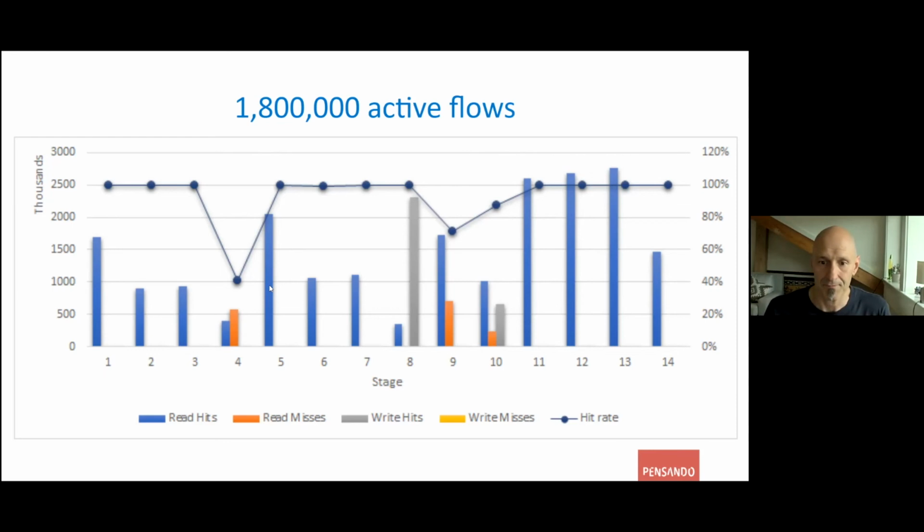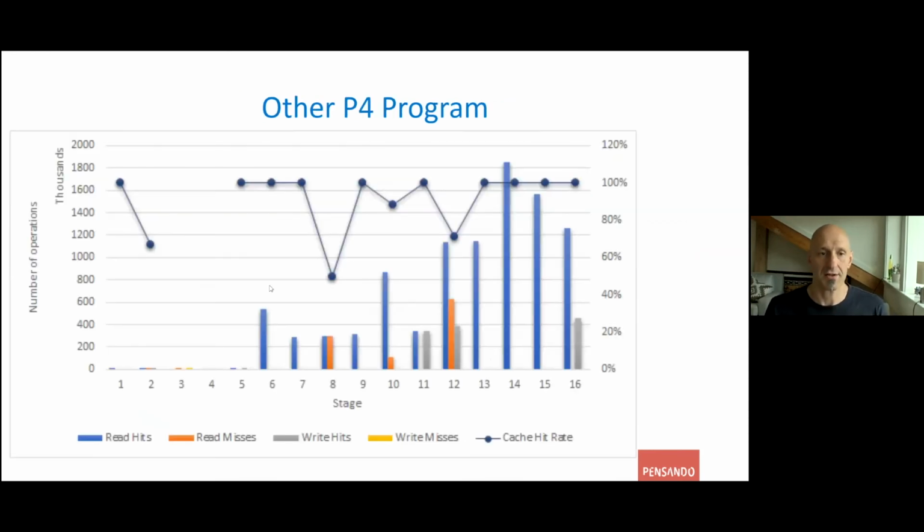And just to give you another example, this is with a different pipeline. And again, we see a similar situation where most of the stages read always from cache, and some of the stages experience some level of cache misses. In this case, no dot is being plotted because the number of reads and writes was so low that it was not statistically relevant.